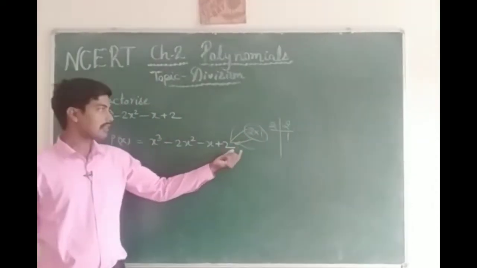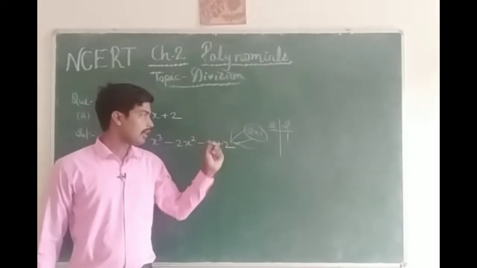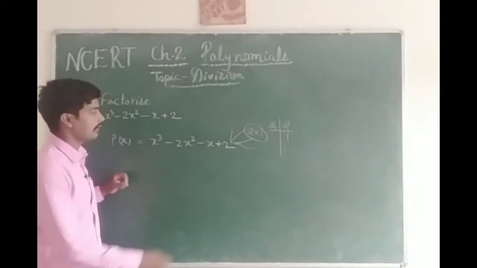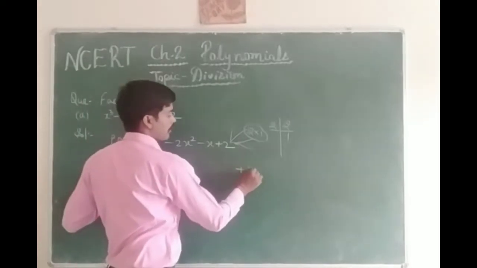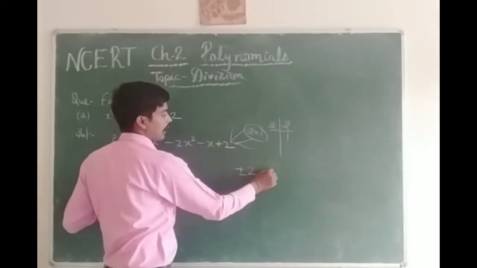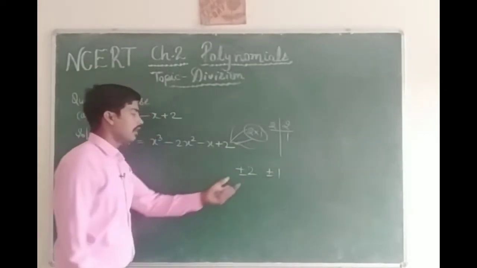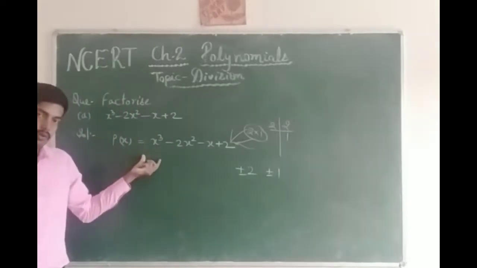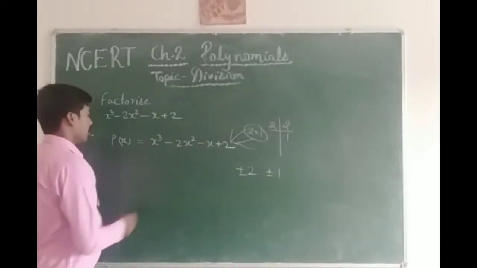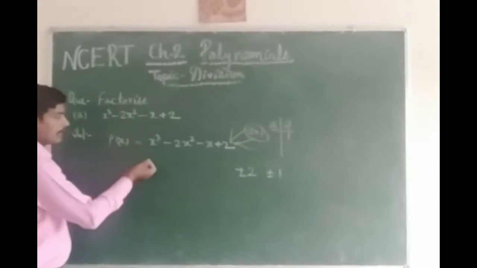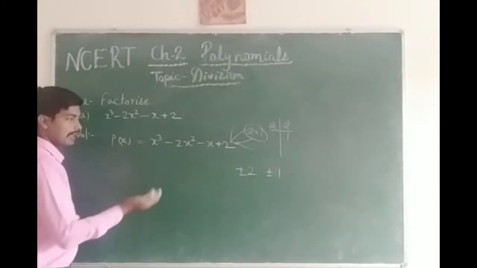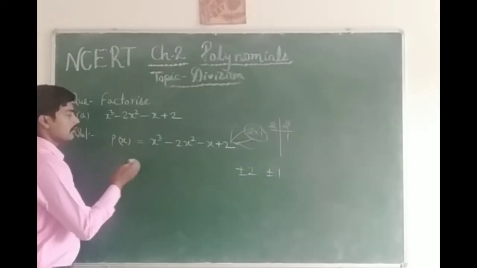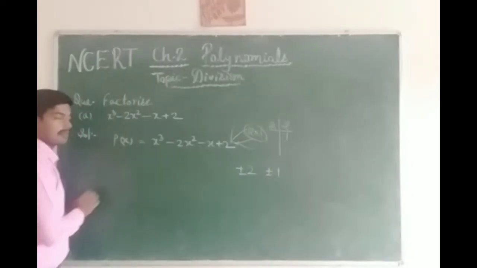Here 2 and 1 are the factors of this constant. It means for the positive and negative values of 2 and of 1, it may be 0. So I am going to choose a positive value of 1. It may be 0, or it may not be 0. Let us test here. That is why the name is trial and error method.